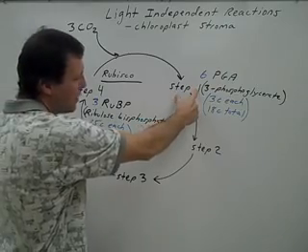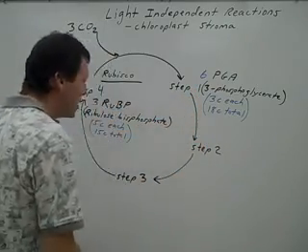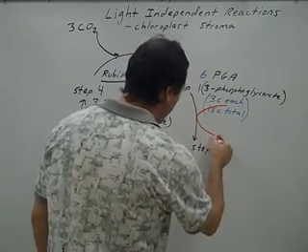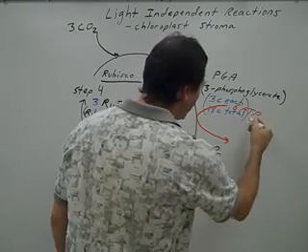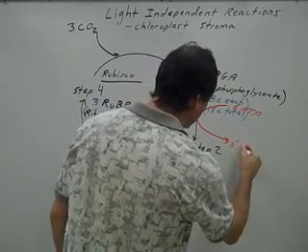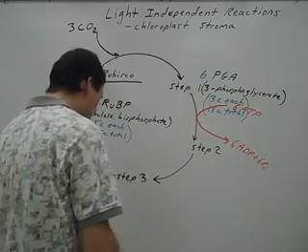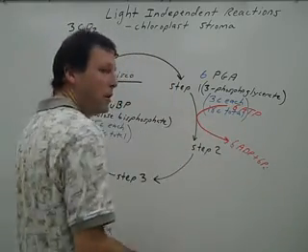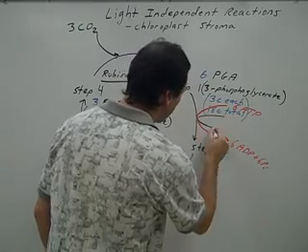Now we're going to undergo another chemical reaction, and we're going to rearrange the atoms here. This is going to take the input of some energy. So we're going to have to put some ATP in here. In fact, it's going to cost us 6 ATP. In addition, the NADPH we made in the light-dependent reactions is also going to be used.